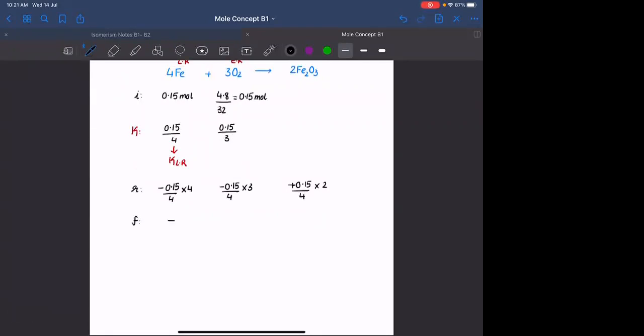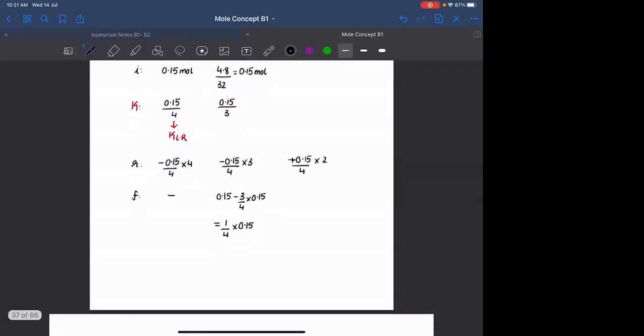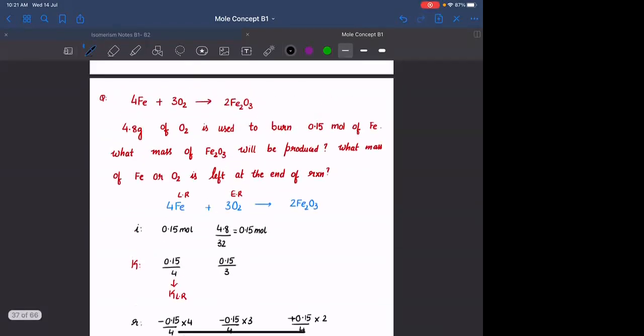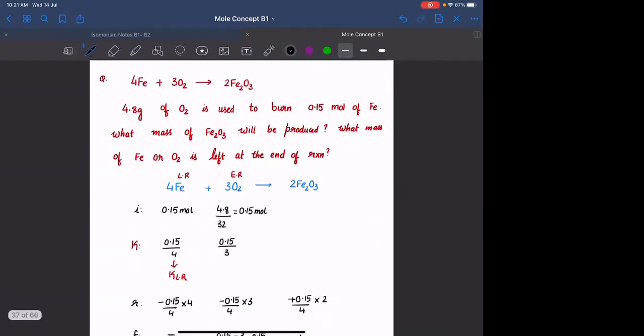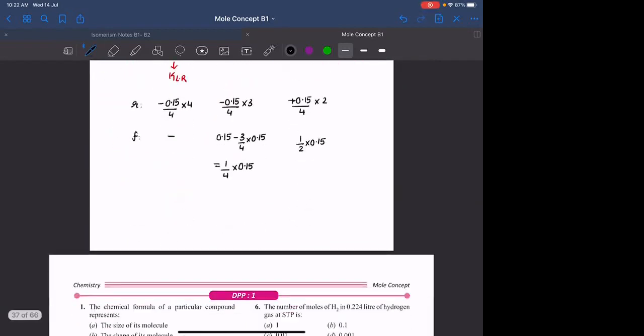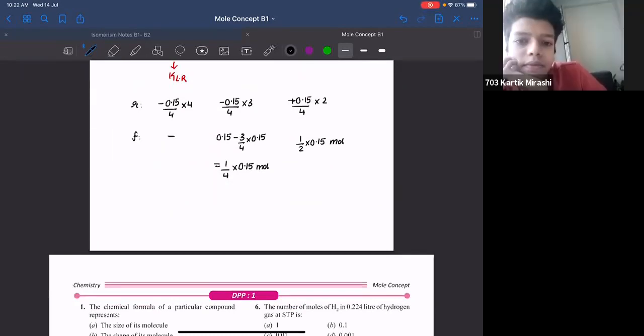This will be 0.15 minus 3/4 times of 0.15, which is equal to 1/4 times of 0.15. This is half into 0.15. What are they asking? What mass of Fe2O3 is produced and O2 is left? So ये तो मोल में हुआ ना. मास क्या हो जाएगा?